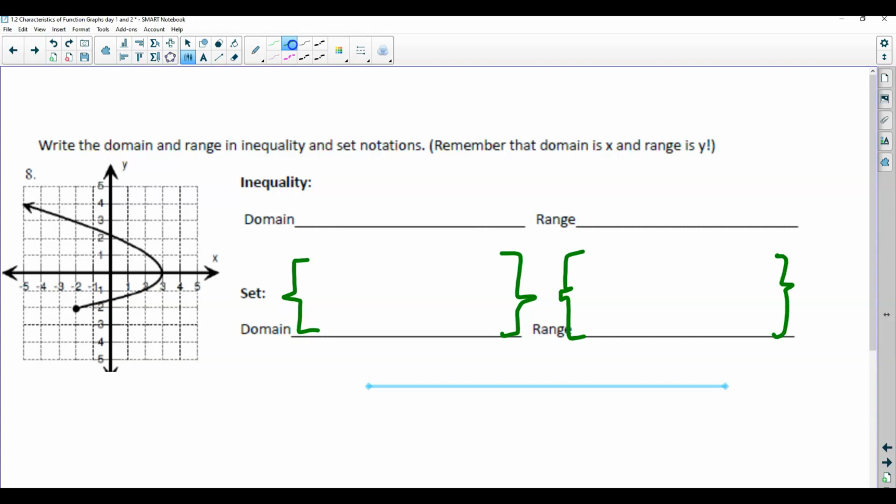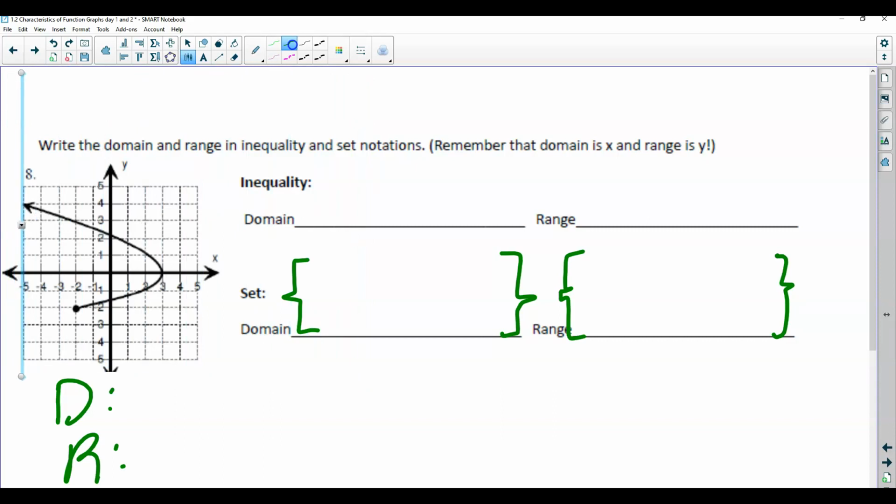All right, so in order for me to start this, I'm going to write it in interval notation. My domain and range, I'm just going to jot down here because it's easier to write it in interval notation, because that's what we do most of the time anyway. All right, here I go with domain. I'm getting my scanner ready. So when I start scanning, the first thing I land on is an arrow.